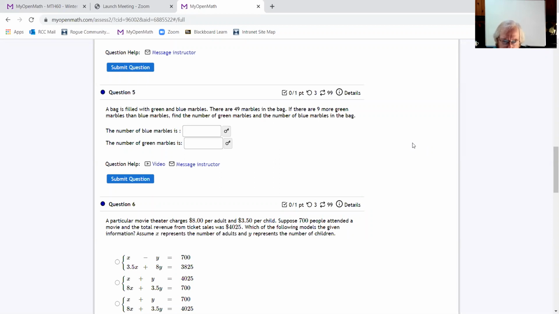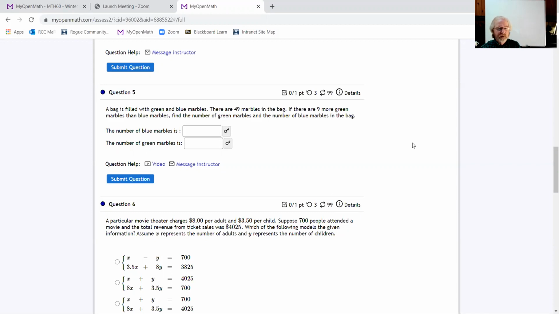That's why you've got to analyze that, right? The green is the blue plus something. There are 9 more greens than blue. So starting from the blue, if I add blue plus 9, that equals the green. So you want to be careful about that kind of sentence and don't rush to write it backwards. Otherwise you get your blue and your green numbers reversed.